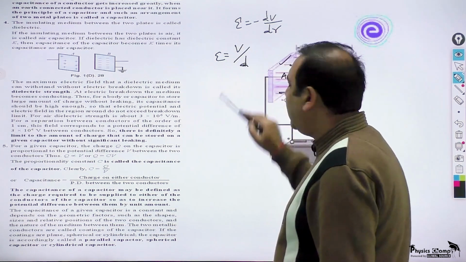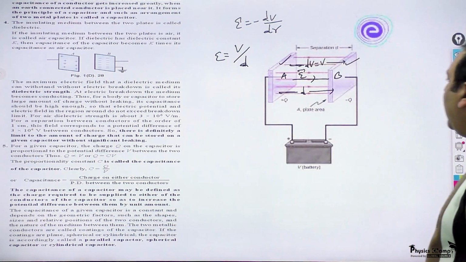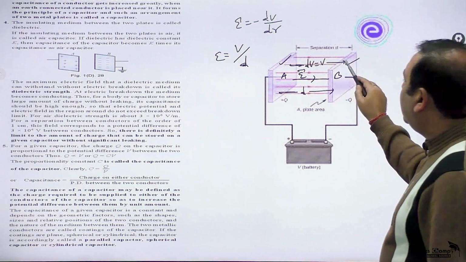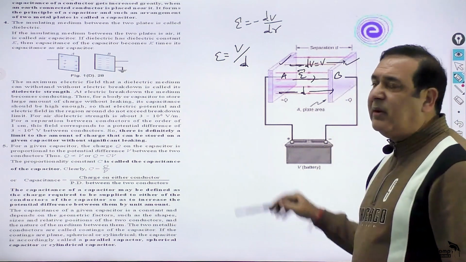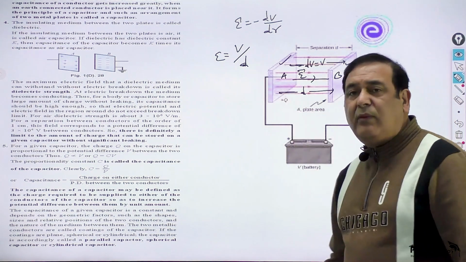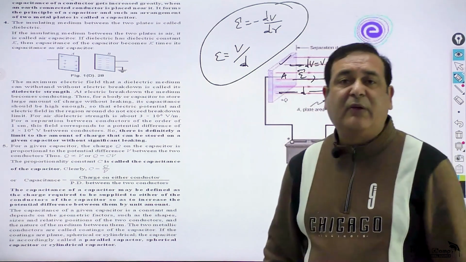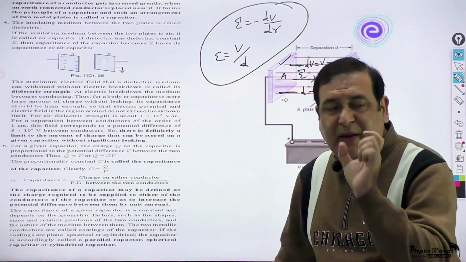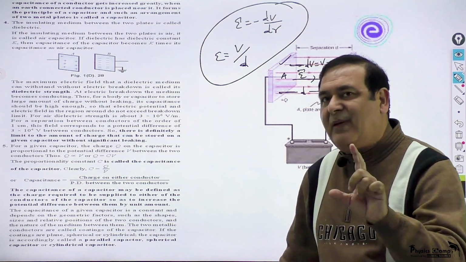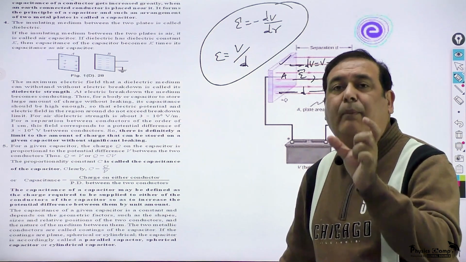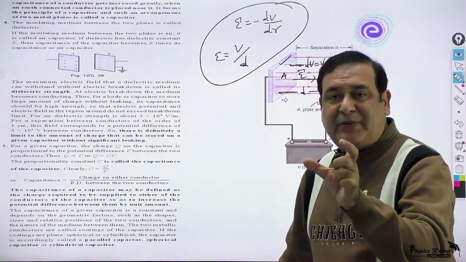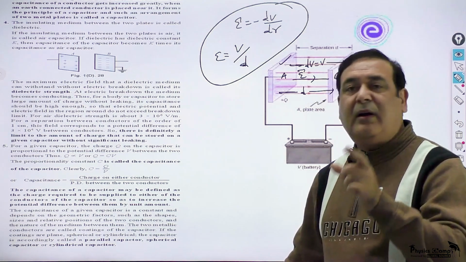Here in capacitors, we relate the electric field, the potential difference between the plates, and the separation as E is equal to V by d. This is something which we are going to use in our expressions. V stands in a capacitor not for potential, but for the potential difference between the plates, and E is the electric field between the plates.